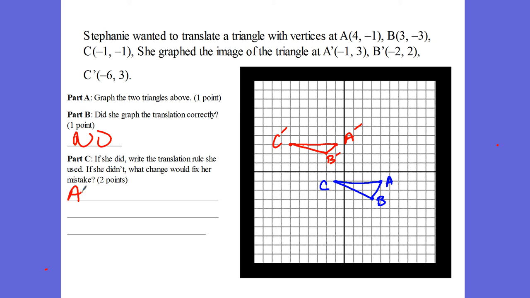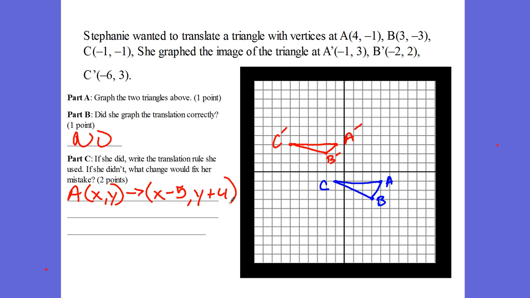So for A, my translation would be X, comma, Y, and it would be X. Now, which way am I moving? X is left and right, isn't it? So it's going to be 1, 2, 3, 4, 5, and up 1, 2, 3, 4. So that's going to be left 5, y plus 4, right? Yes?